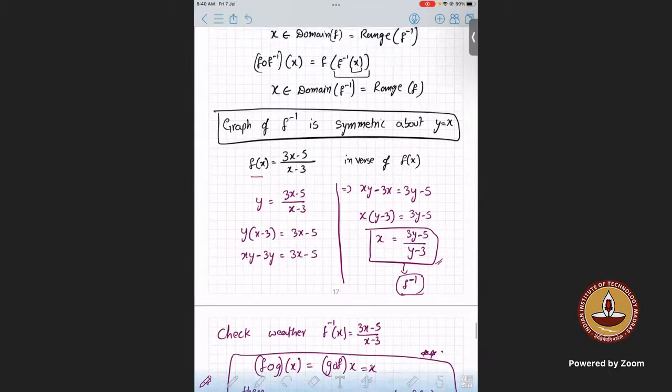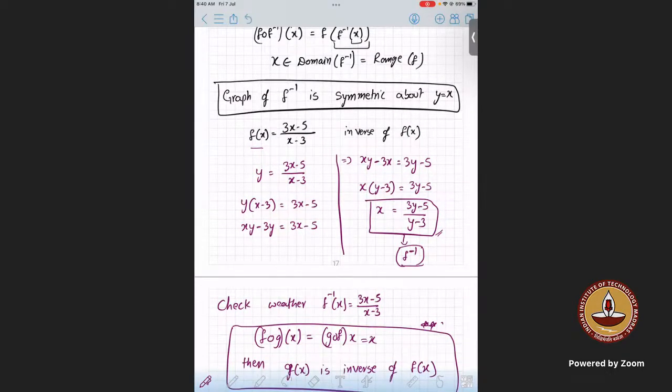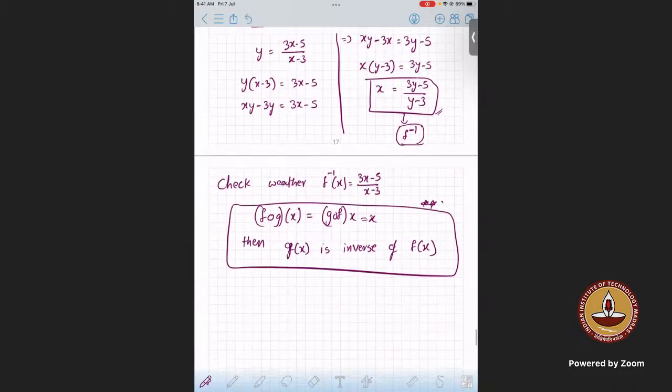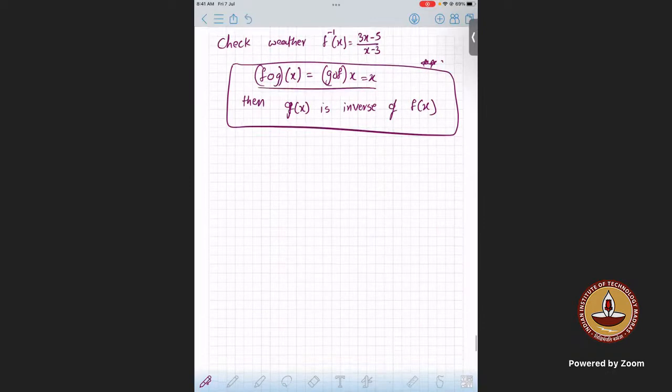Look at this: 3x minus 5. f of g of x is equal to g of f of x is equal to x.